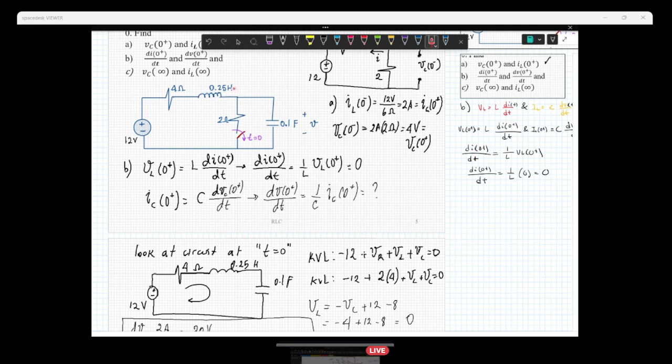If I do node analysis, this would be the di/dt at 0.